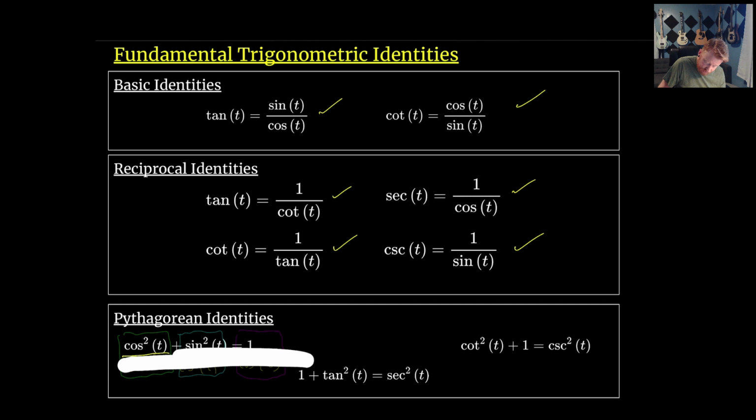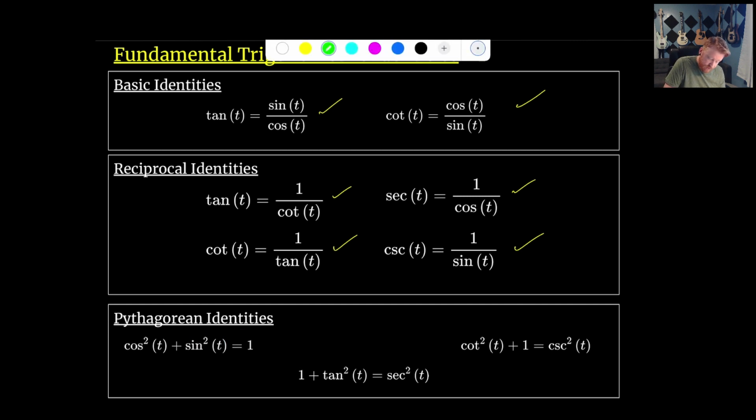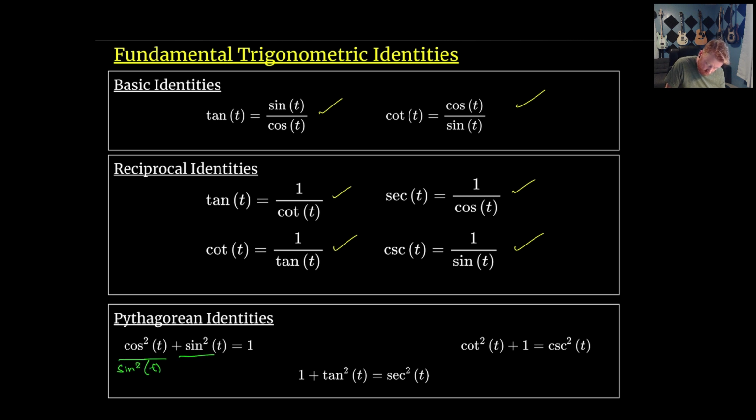And then lastly, to get the final one here, if I divide both sides not by cosine squared t, but by sine squared t, then we would see in the first slot here, this is just the cotangent squared t.